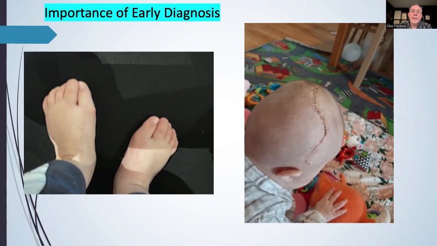And then what they ended up doing is, because of the pathology, which was not necessarily clear, it just showed some dysplasia, they put her onto chemotherapeutic drugs. So she was on chemotherapy for over a year before she actually got diagnosed.